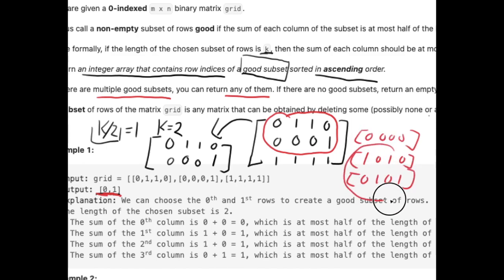So this could be an answer, and this can be an answer as well. It doesn't matter which one we choose. So in this particular input that I just created, the answer can be 0, which means the first row, or it can be just 1 and 2, which means the second row and the third row.